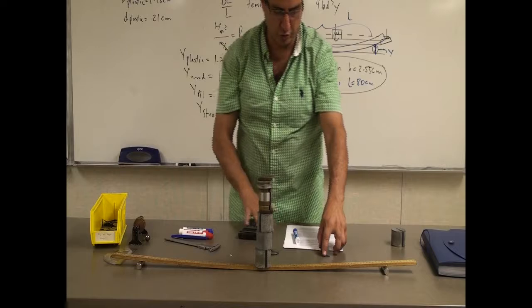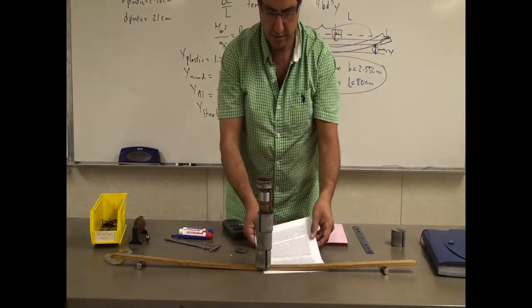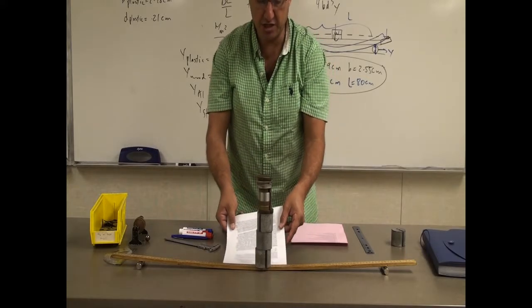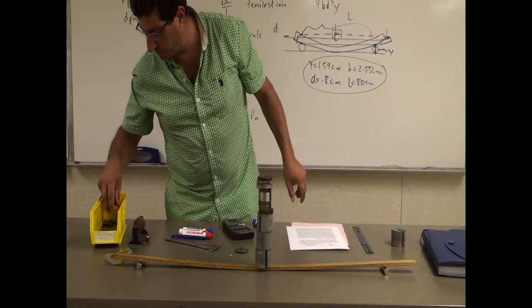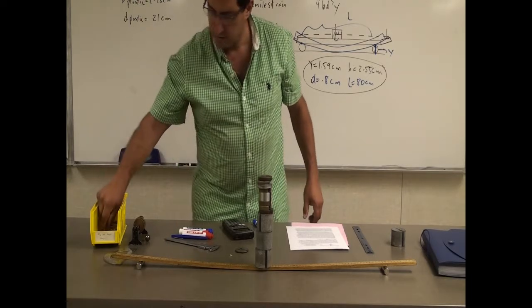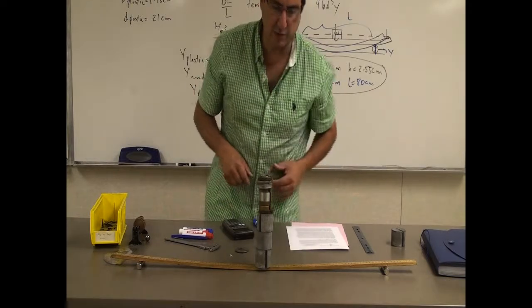I want to be able to barely make a piece of paper go through it. That means I'm not touching the table too hard. Okay, so that's about right. Maybe a little bit more. Okay, that's about right.